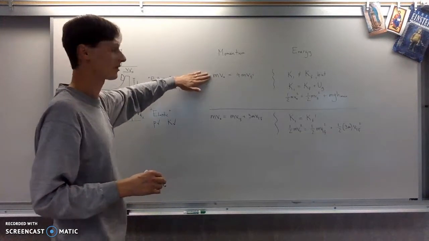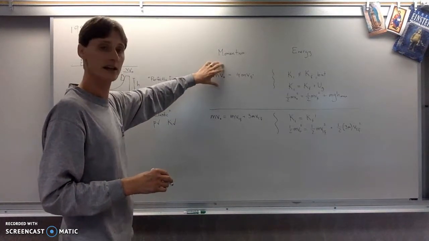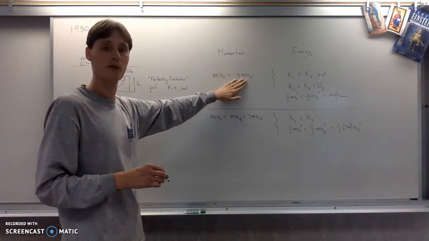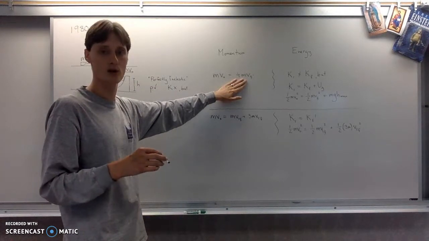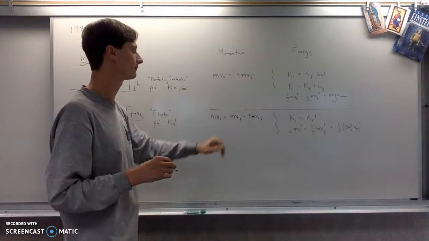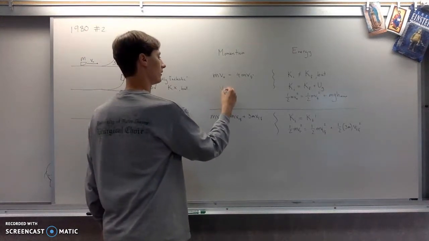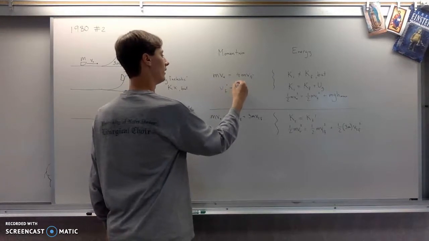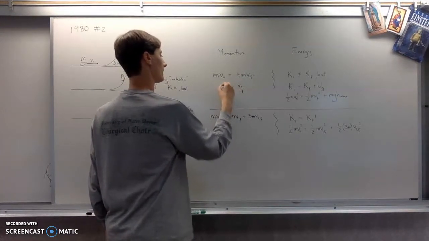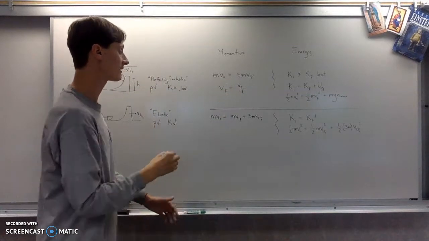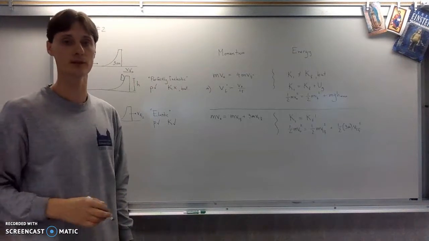If it's perfectly inelastic, there's your initial momentum. Your final momentum consists of this expression because you have a total mass of 4m moving along together. So the final speed is 1/4 of the initial speed. That is your answer to part A in a nutshell, very briefly.